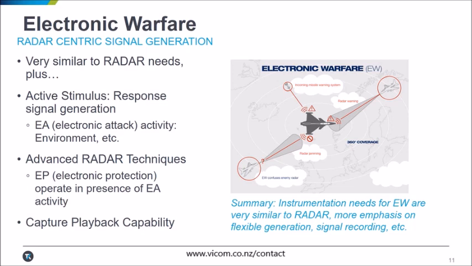These changes could be to spoof, jam, or deny proper operation of a detected radar system, an electronic attack or EA type activity, or to modify one's own radar system to adapt to a complex RF environment, an electronic protection EP activity.